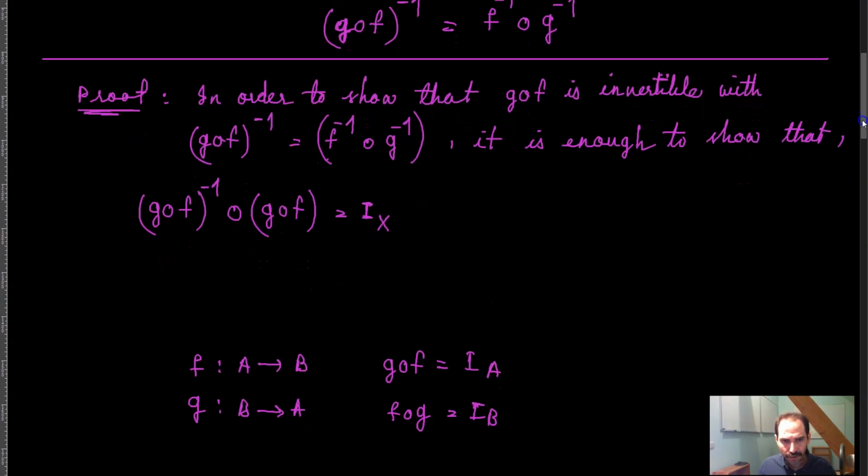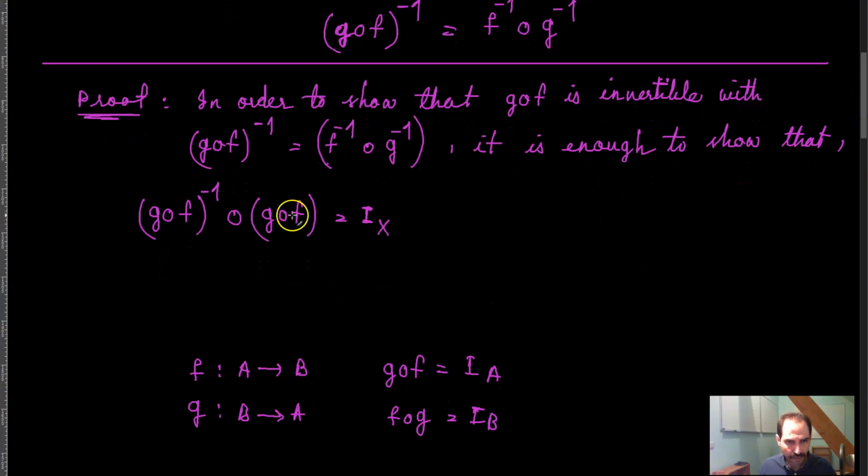You also need to show it the other way around, meaning that instead of GOF inverse composed with GOF, you write GOF composed with GOF inverse is equal to the identity function on the codomain of GOF.